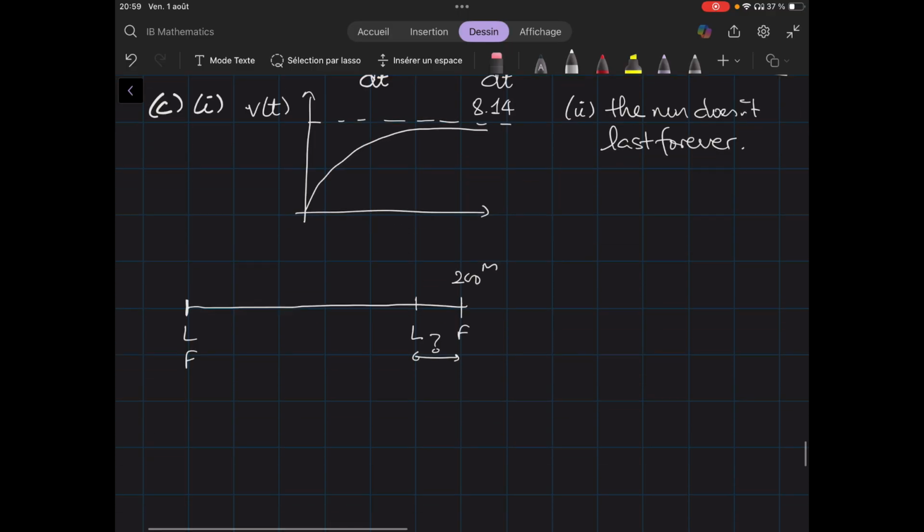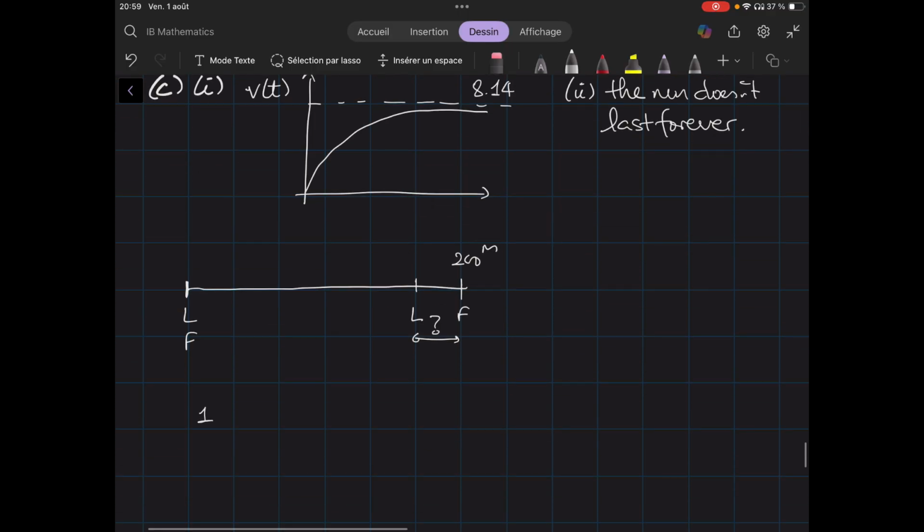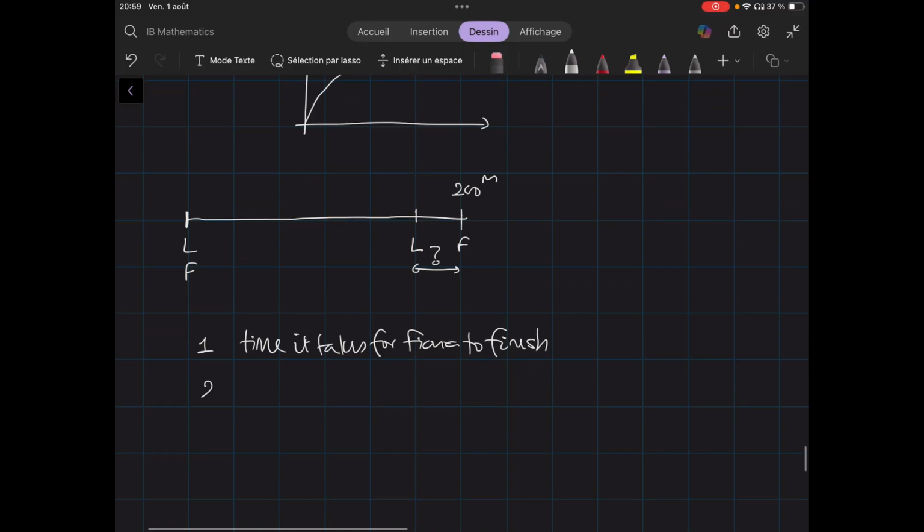So to do this, 1, we have to find the time it takes for Fiona to finish. Because they start at the same time, this is also the amount of time that Lucy gets to race. 2, find the distance Lucy covers during that time.